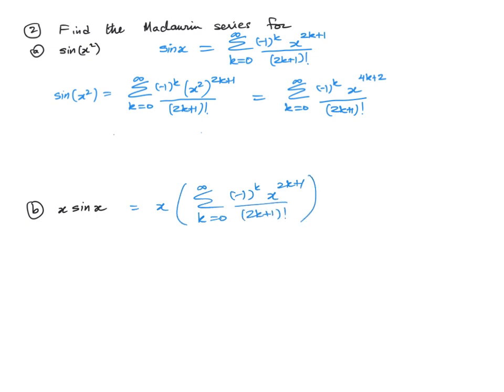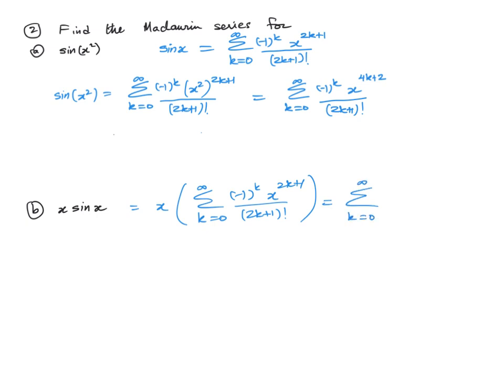Now remember, a series is just an infinite sum. So essentially I have to distribute this x into every single term in the series. This represents all the terms, so I basically have to multiply x times this term generically with the k's left in.